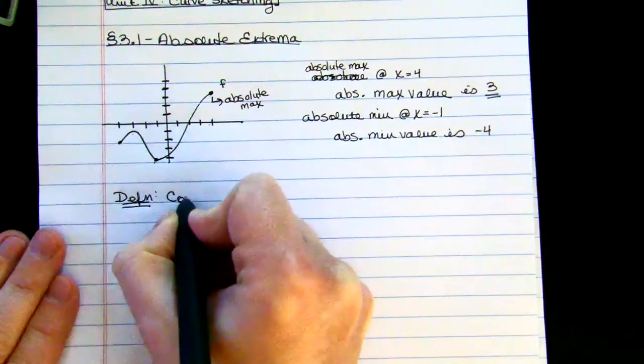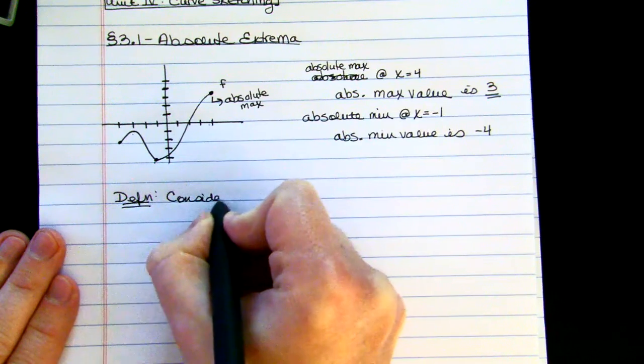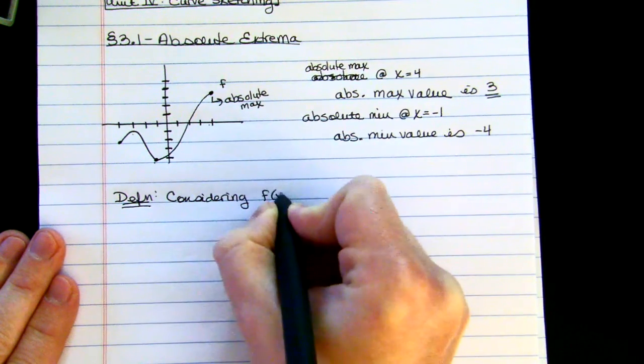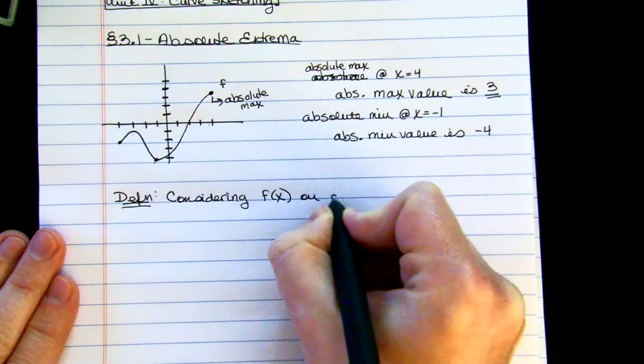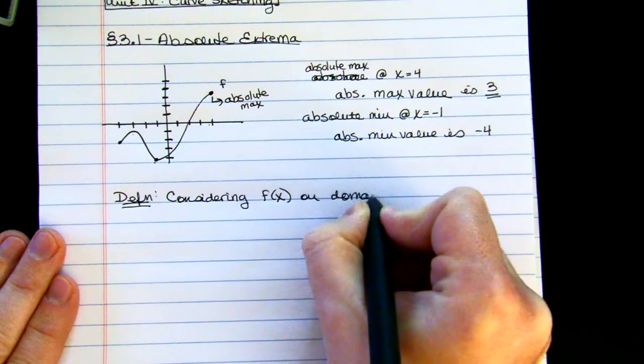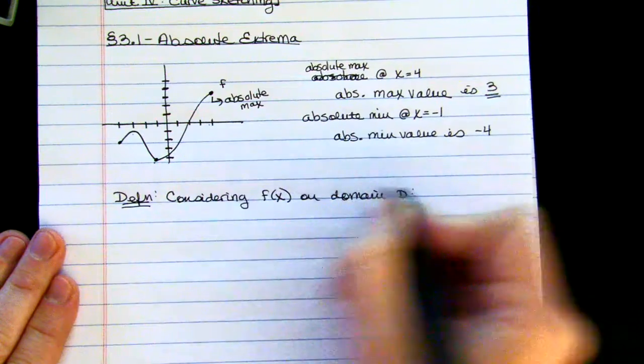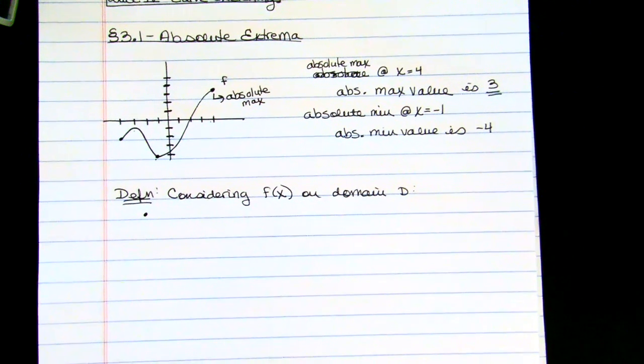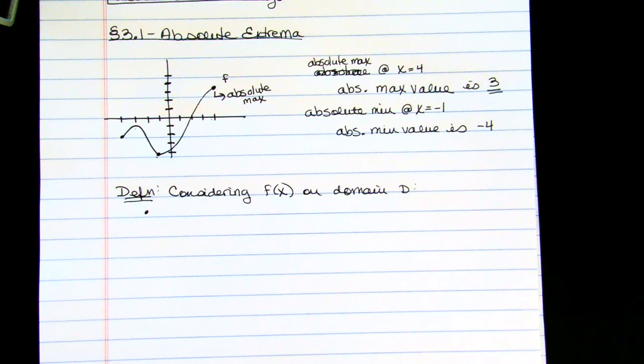Here's our formal definition. And this is going to be considering some function f of x on a particular domain D. My definition of having an absolute maximum is I will have an absolute maximum at some particular x value if the y value there is greater than or equal to all the other y values in my domain.